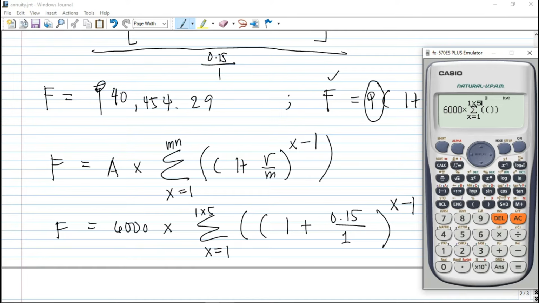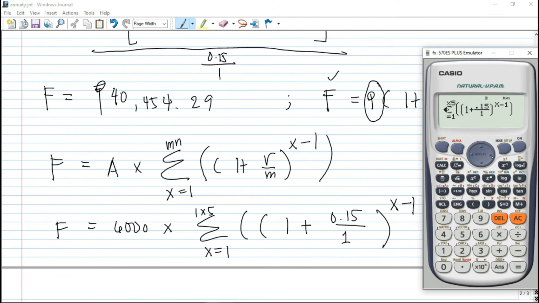It is annually, so M is 1, 5 years. Then, let's put here 1 plus, so that is 1 plus R over M. So our R is 0.15, all over 1 because it is annually. Then you put an exponent here, that is alpha x minus 1.